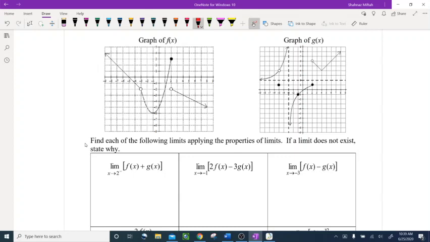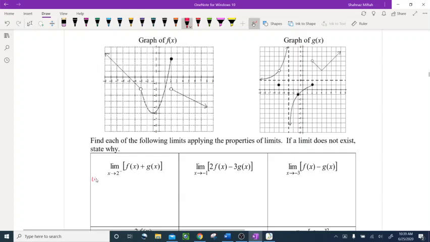The first one says limit x approaches 2 from the left of f of x plus g of x. So before I start, I'm writing the properties first. So let's do the properties first.